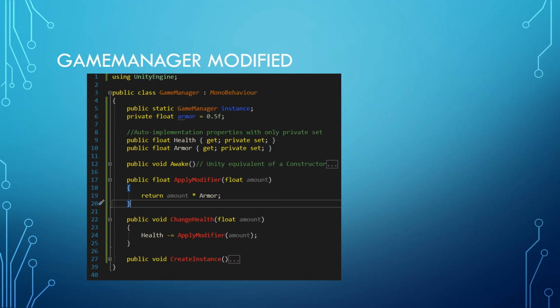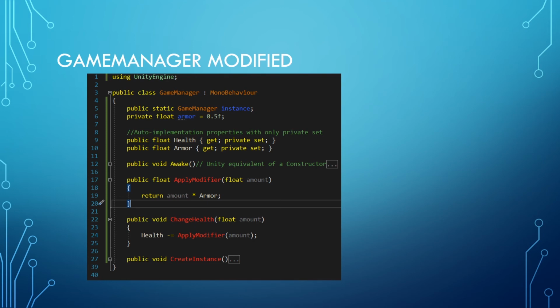So what will happen is that instead of directly accessing the health, they will call the public function change health, and they will pass it a variable, say damage, that is going to change the health by. And instead of changing the health directly, they will first call the second function that I have, apply modifier, and pass that variable to that. So in this apply modifier, I could basically do whatever I wanted.